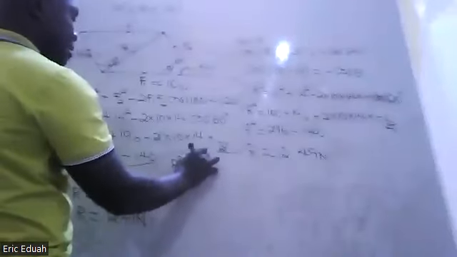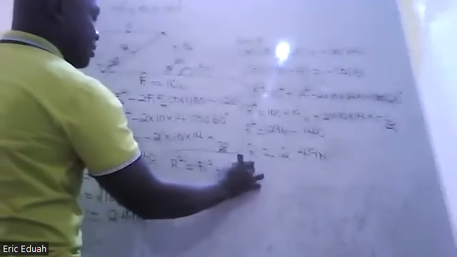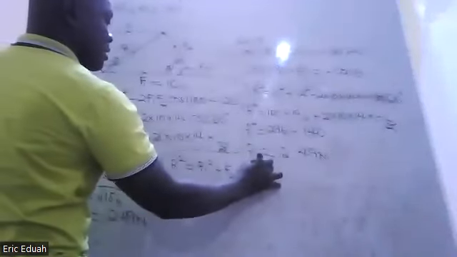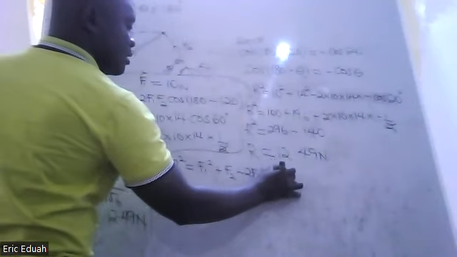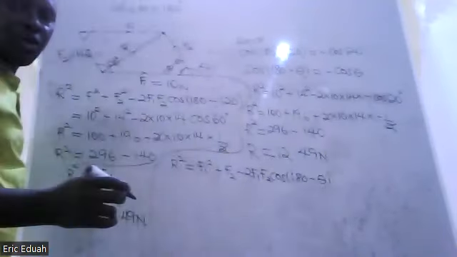So both the acute and then the obtuse, or both ways, must give you the same results. Now, yesterday I was talking about this formula, R squared.